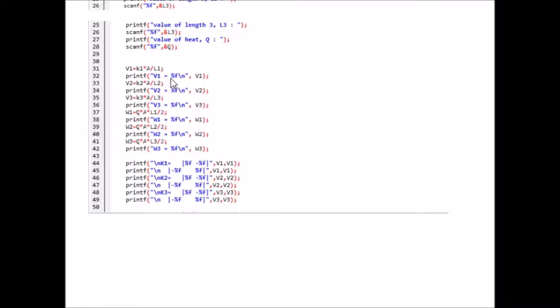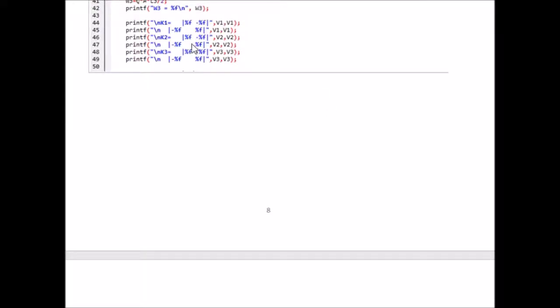V1 is equal to V2 and V3. Then W1: we use the same formula as before, and we must know W1, W2, then W3.